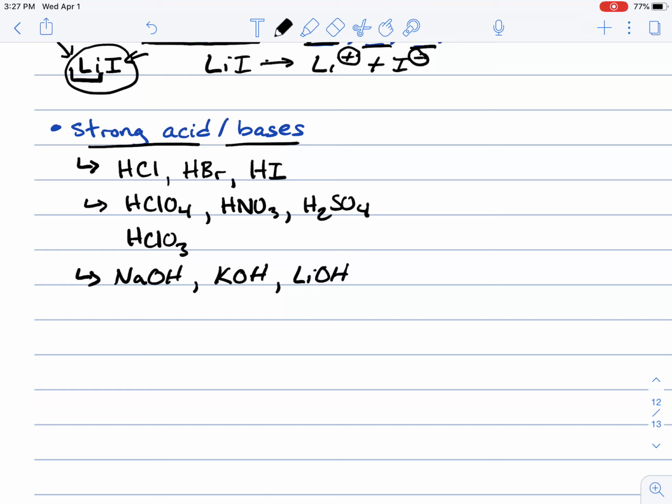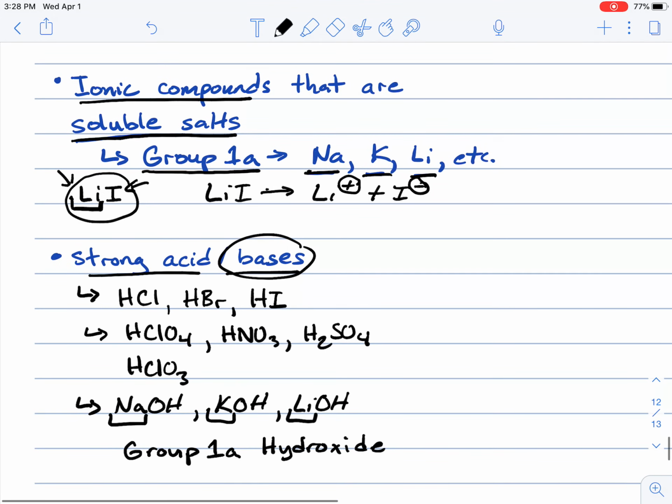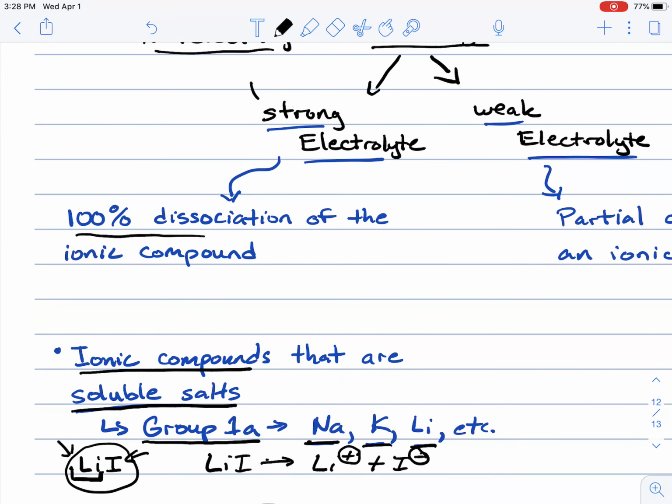So basically anything that is a group 1A hydroxide can act as a strong base. And so this is just a short list of common ionic compounds that act as a strong electrolyte.